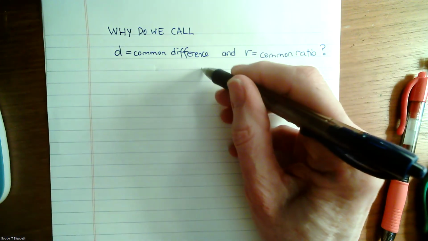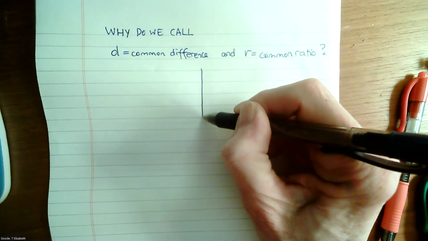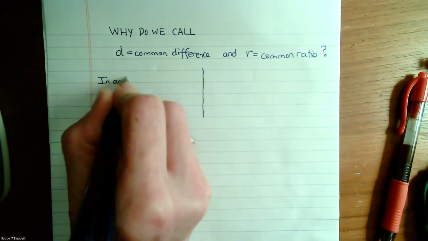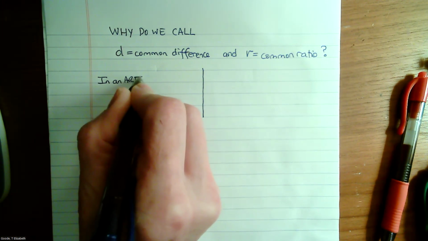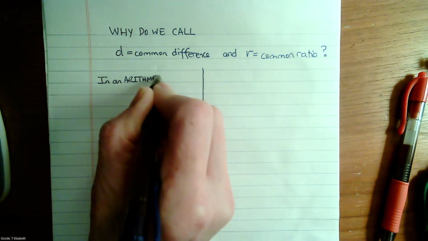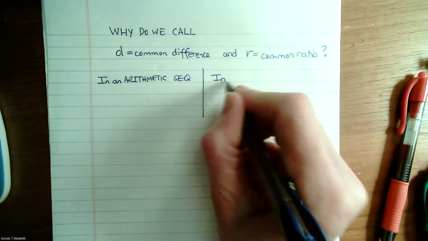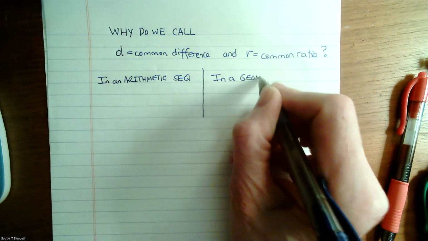Well, we can look at these side by side and we can see what's going on in an arithmetic sequence versus what's going on in a geometric sequence.